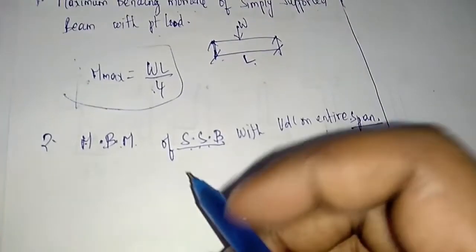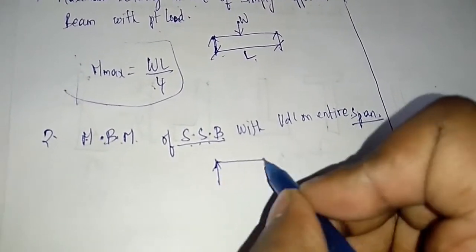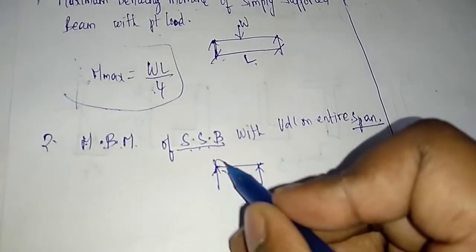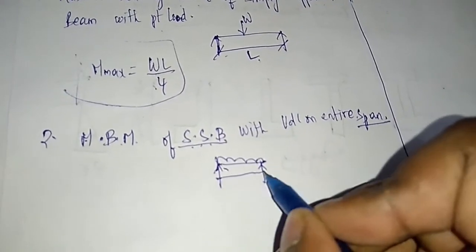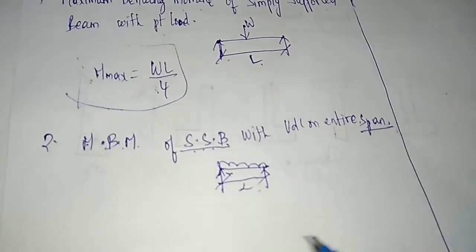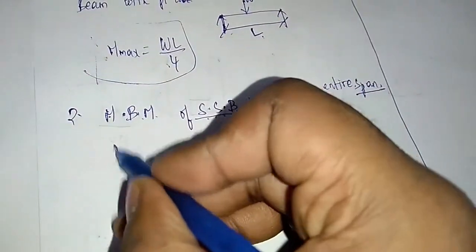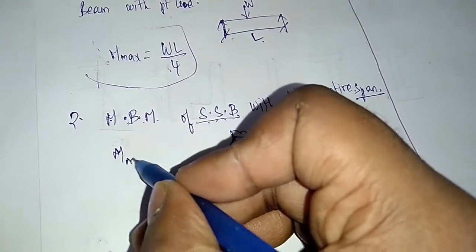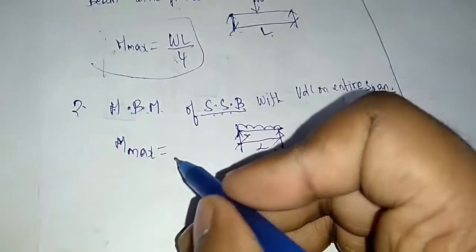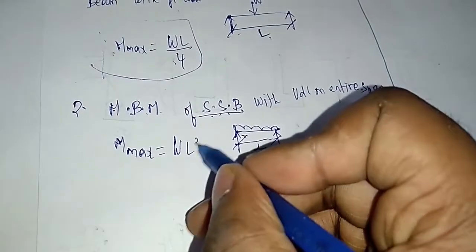See, this is the simply supported beam with UDL on the entire span. So your maximum moment formula is WL square by 8.